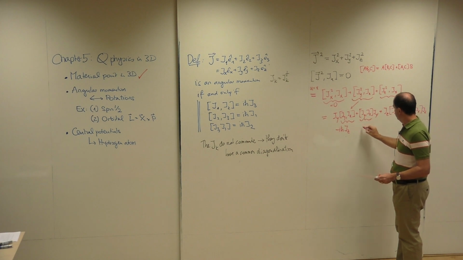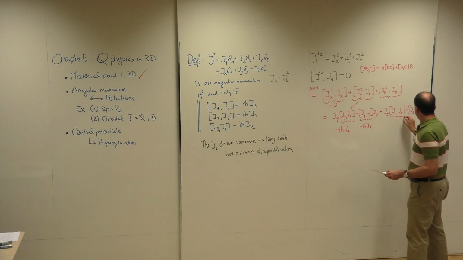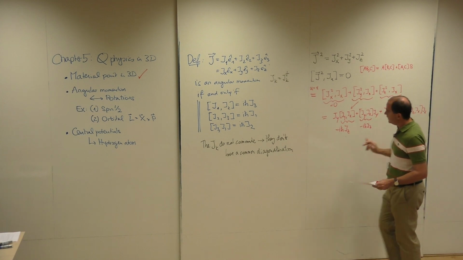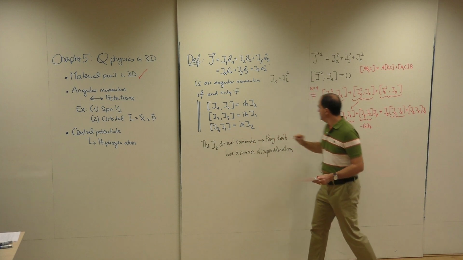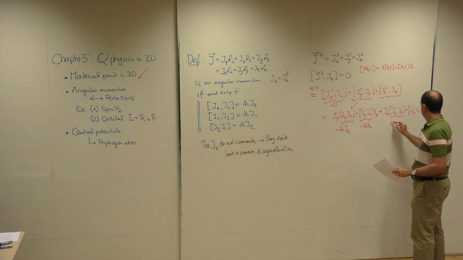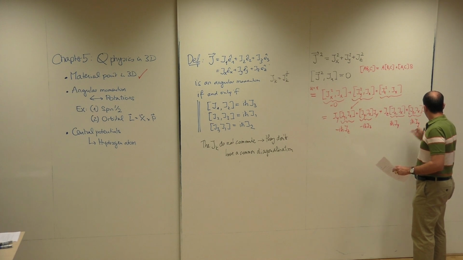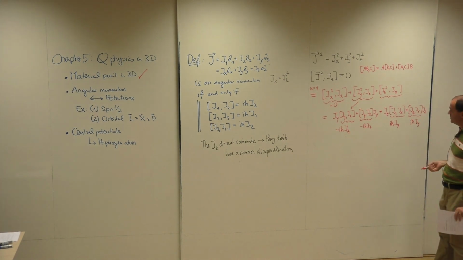Yes, that's also minus iħ JZ. And this is ZX. ZX is iħ JY, iħ JY, and now you see it's 0.